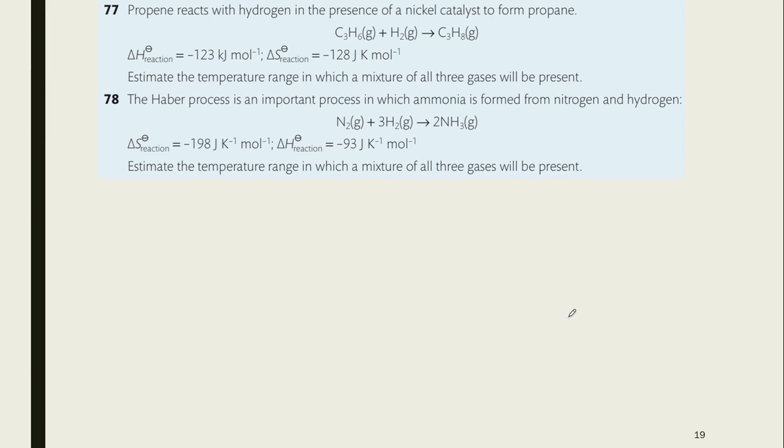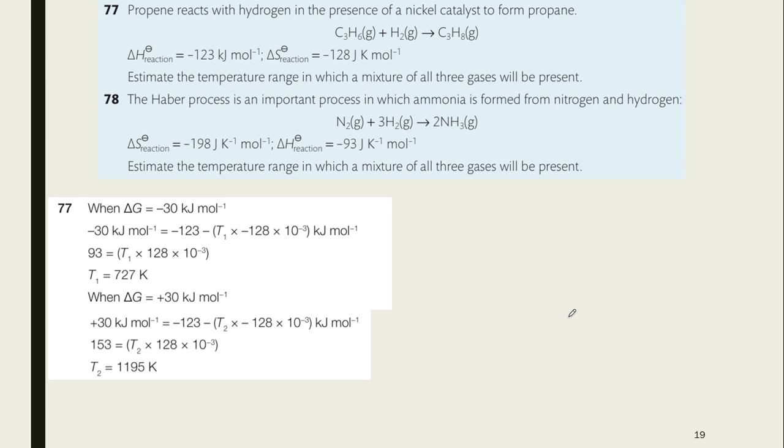So we know that if delta G is less than negative 30, we're going to have mostly products, or all products. If delta G is greater than 30, then we're going to have only reactants. So what we have to do is use those values for delta G and calculate the temperature at each value.